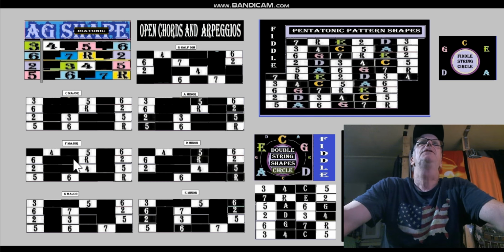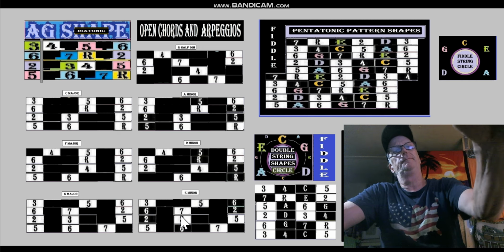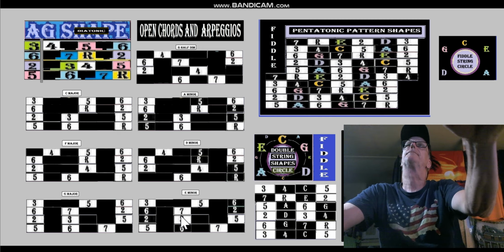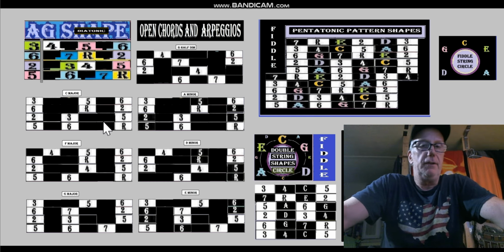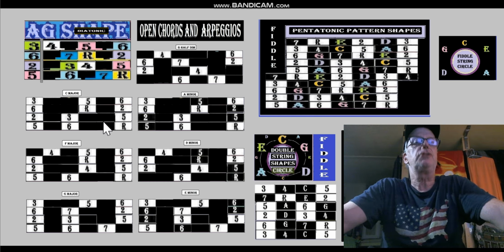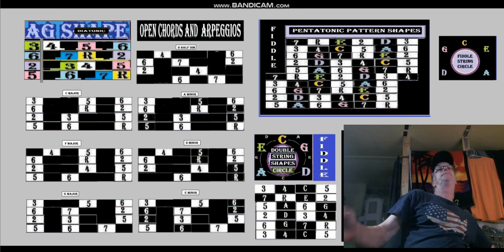Again, these seven arpeggios are the 7 modes. They're the 7 modes in the first double cage shape in the violin. Okay, so C major.